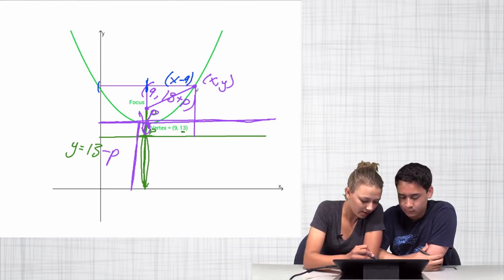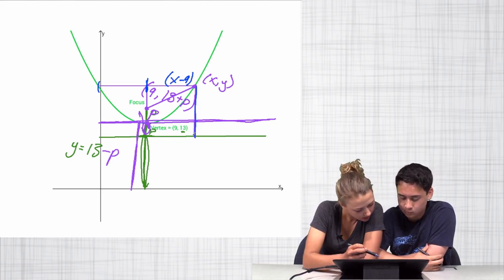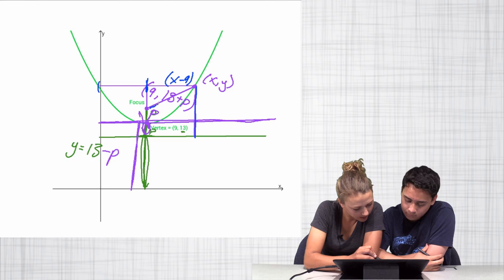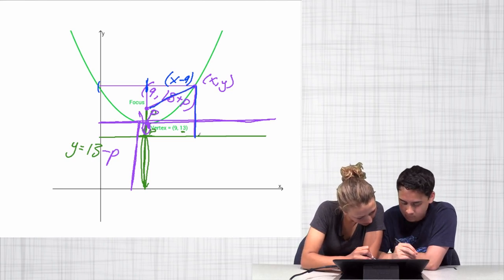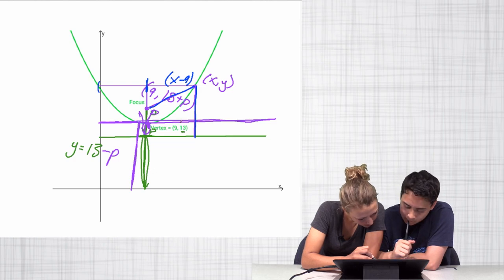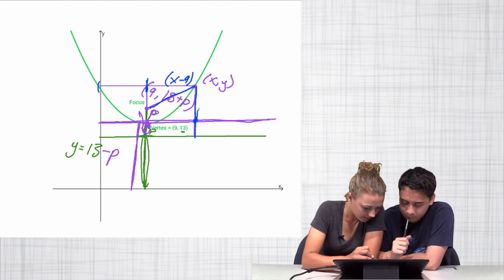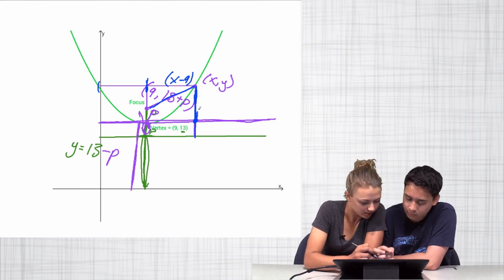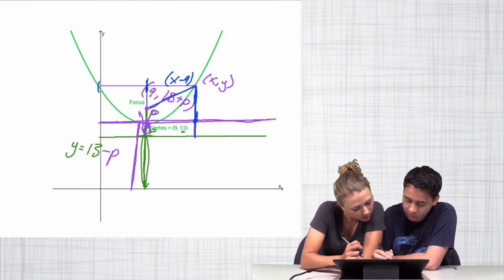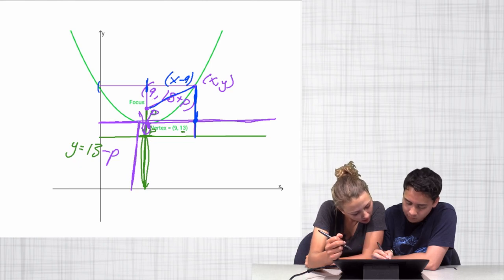And then we have this distance, and we know that's going to be the same as that distance. So we know up to here is 13, and you're going to add on whatever that is. 2p. Right? Because p's here and p's here.